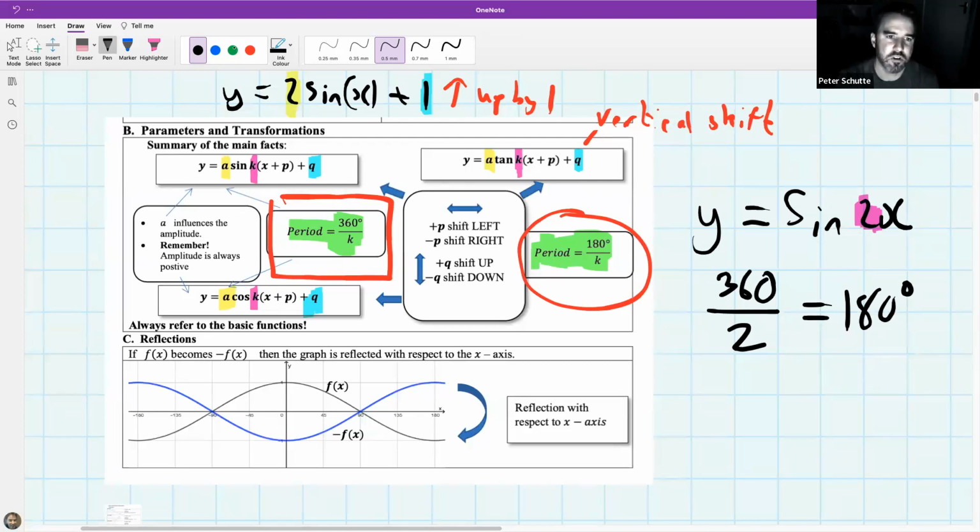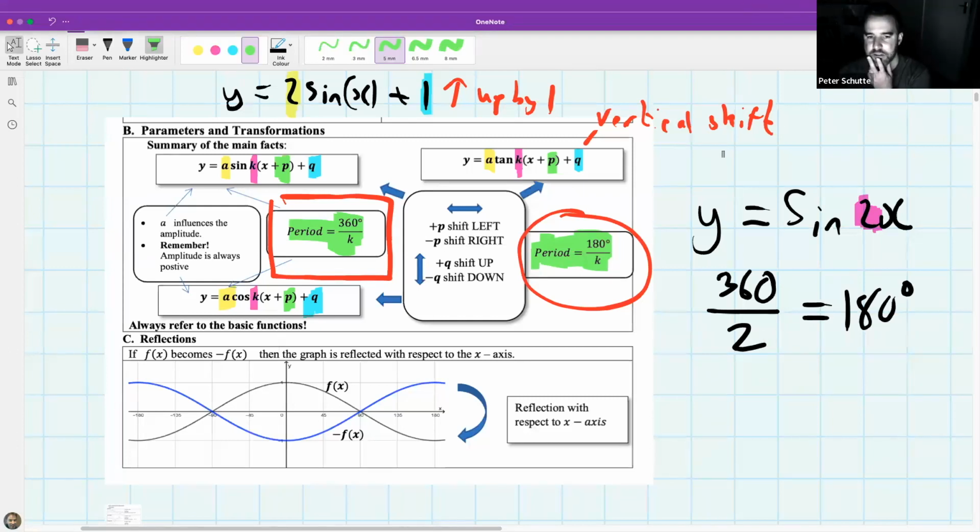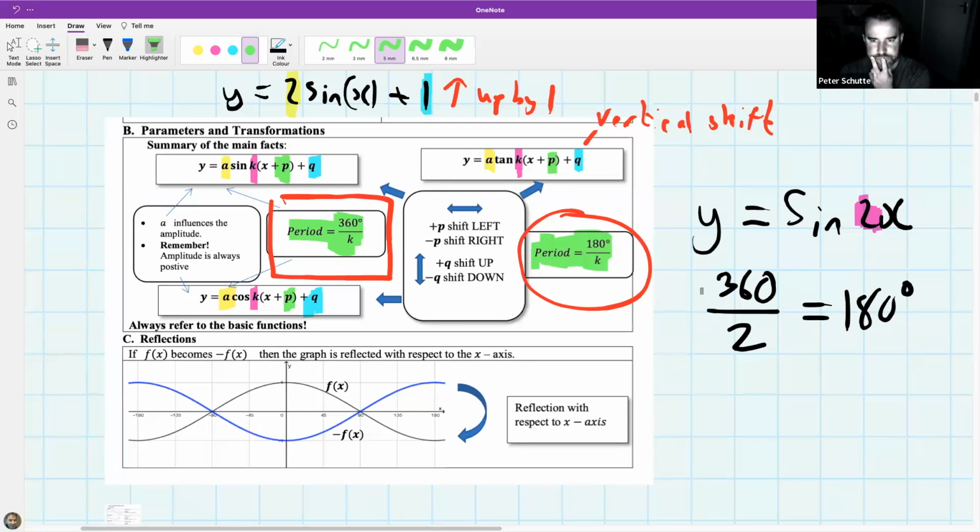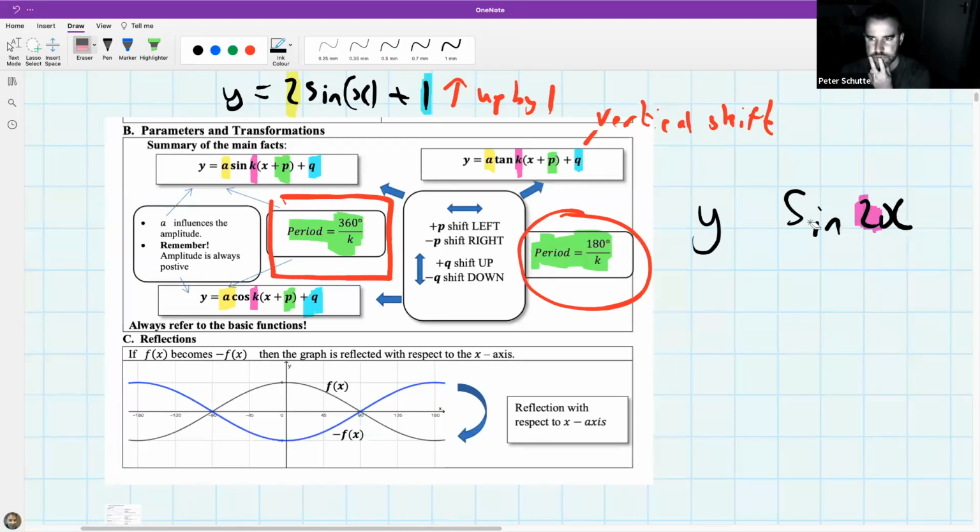Then the last one, before we start playing with some examples: what does the plus P do in all these trig functions? Okay, yep, it's the horizontal shift. You can kind of feel this if you think about what we were doing with the algebraic functions.